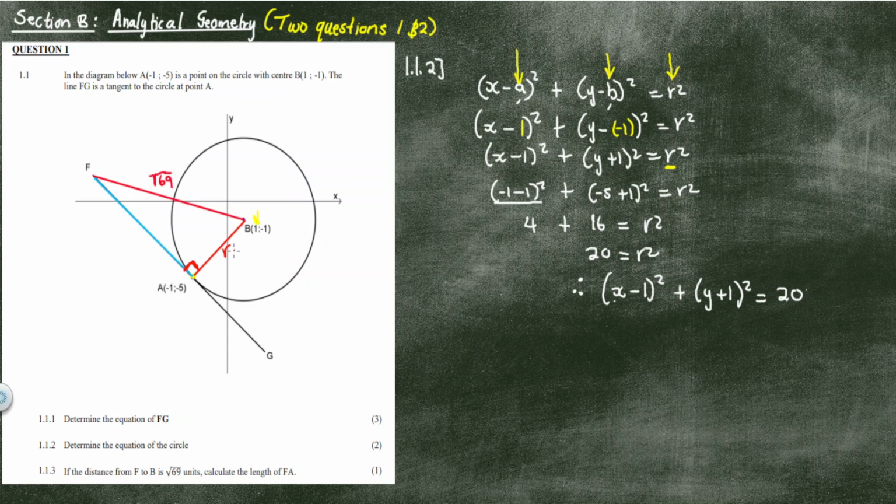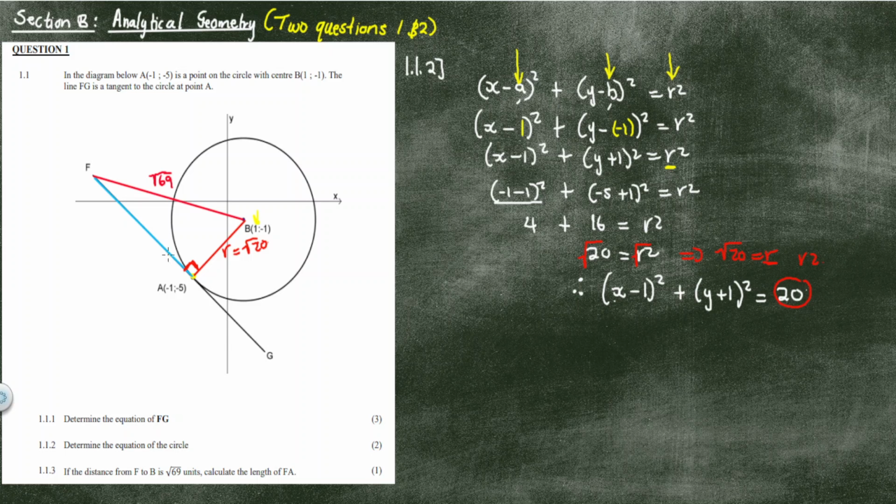I have r squared equal to 20, but the radius is not that. Square root 20 is equal to, because I'm squaring both sides, after squaring both sides, r is equal to square root 20.